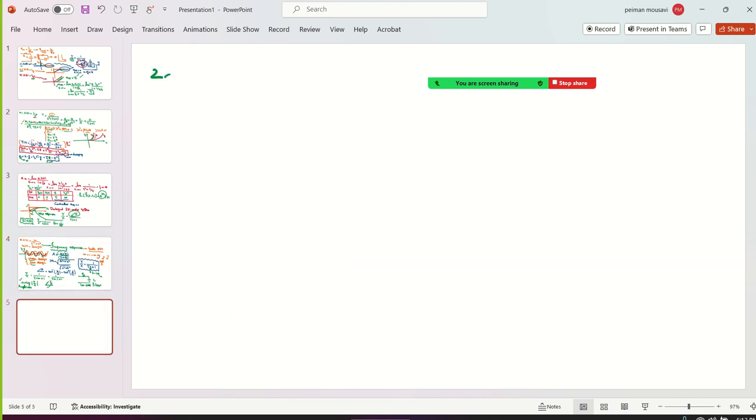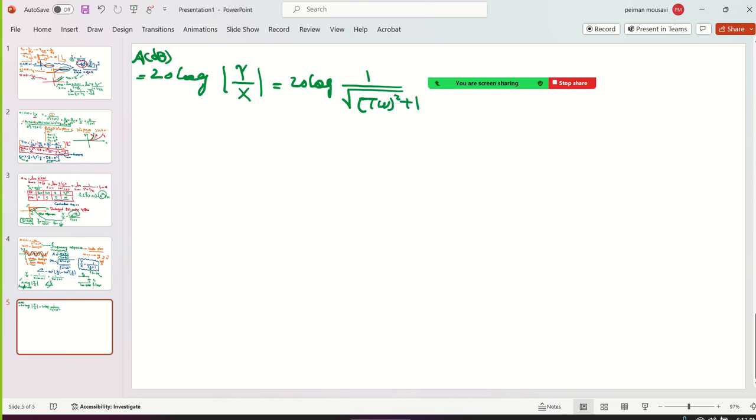So 20 log of Y over X, the amplitude, has the unit decibel. Maybe you heard that in sound, 2 decibel, 3 decibel in your home audio system. So it's going to be 20 log of 1 over the square root of (tau omega squared plus 1).